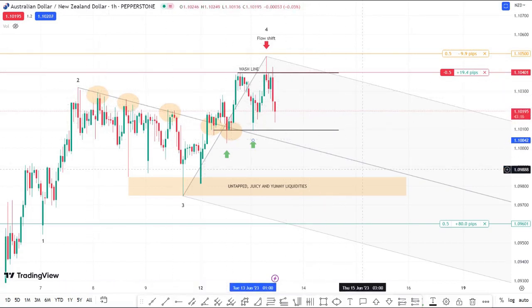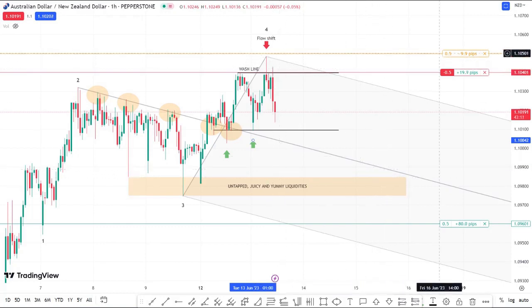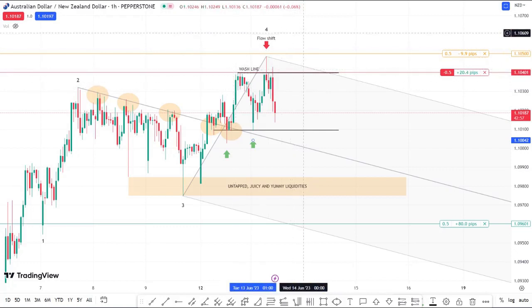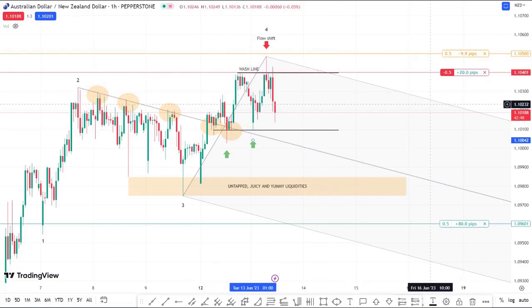Hindi porket nakagawa kayo ng magandang line works, that means you're gonna stick to it to the end. So, kaya importante yung stop loss nyo is your invalidation point. Hindi lang yan nilagay dyan para mag-stop ng losses nyo. This will serve as invalidation point. And kung merong new information that will support a new, stronger, better trade idea, use that information to update your lines. Alright? So, we'll see how this trade plays out.